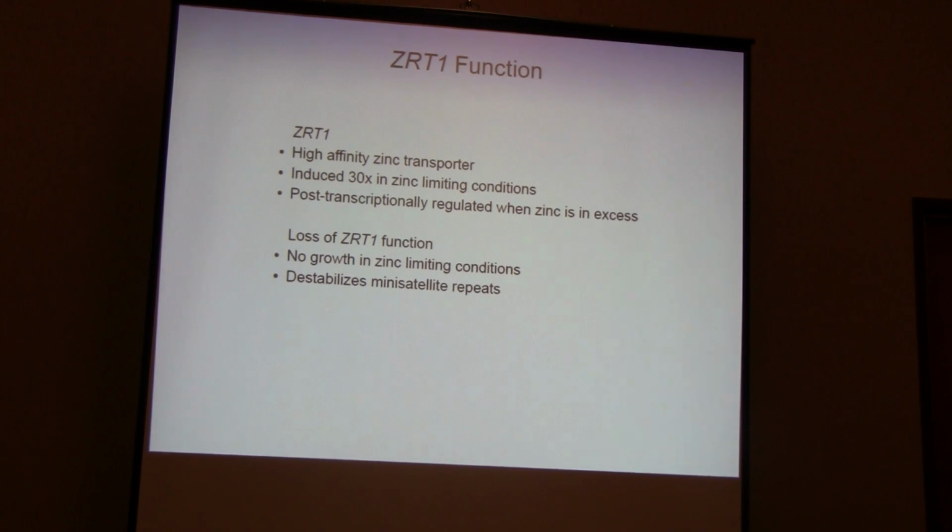Loss of ZRT1 function causes reduced or no growth under zinc-limiting conditions, and through an interesting but probably indirect mechanism, loss of ZRT1 also destabilizes microsatellite repeats.